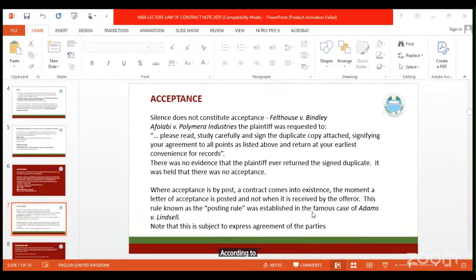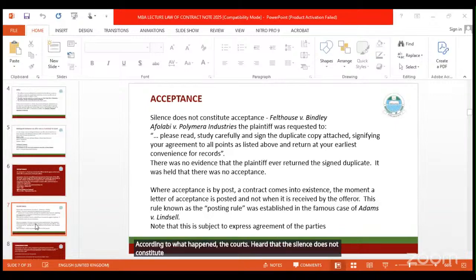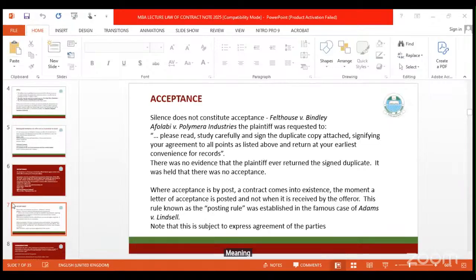I think the Faith House versus Binley case. According to what happened, the court held that silence does not constitute acceptance to an offer. So what happened in the case?